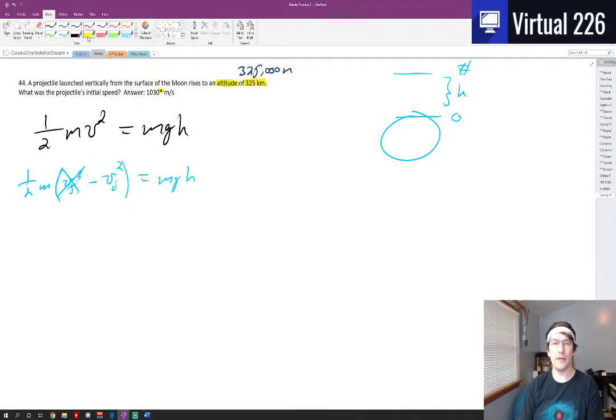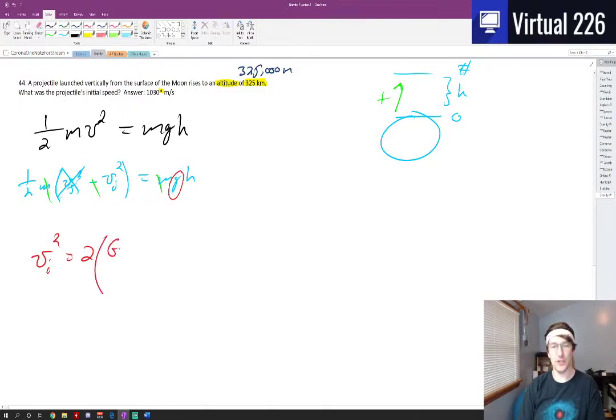And what they point out is, hey, look, we need to make sure that we find the correct g for the moon. So when they solve this problem, they get rid of the m's. They'll ignore the negative for a little bit because this is a positive amount here. In the end, they'll say vi squared will equal, I bring the 2 over, 2 times g, and they'll say I need to make sure I use the right g here.